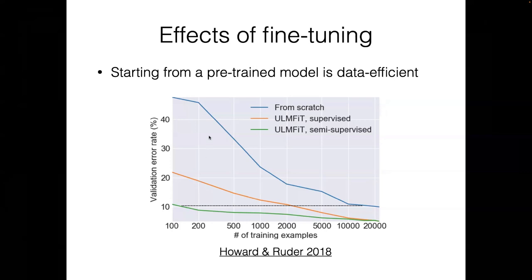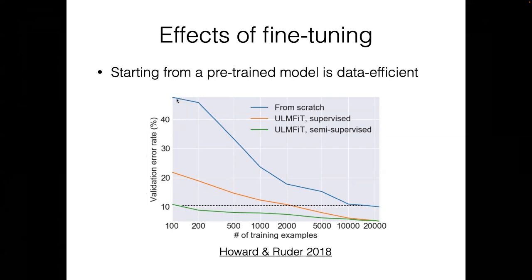Specifically here, what this is showing is if you have a model that is trained from scratch and now you're fine-tuning it on some data set, then this is showing the size of the data set that you're fine-tuning it on. You could have a data set with 100 examples, 200, 1,000, 10,000. And then this is showing the performance.